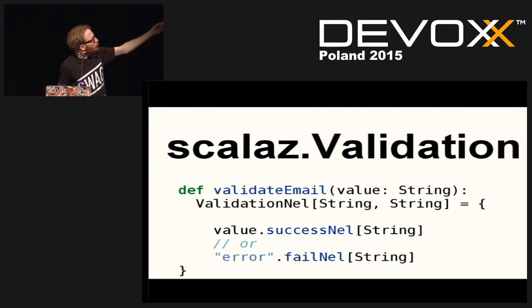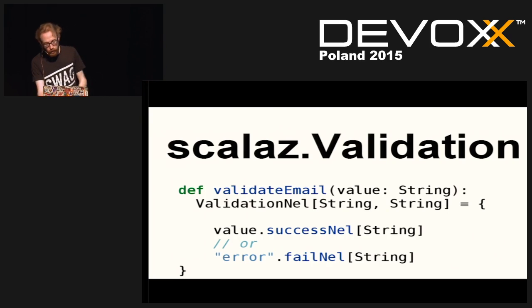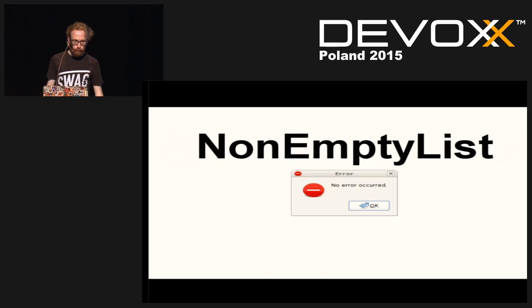So if I'm happy with my value, I return a value that's success now or an error that's fail now. The Nel means non-empty list. Have you ever had this kind of error message like "error, no error"? Yeah, so ValidationNel has a non-empty list of errors. So you can't have an error without an error. So you've got to have at least one error, which is very nice.